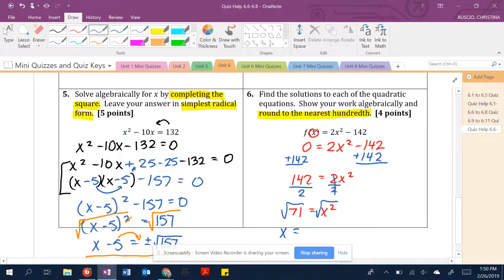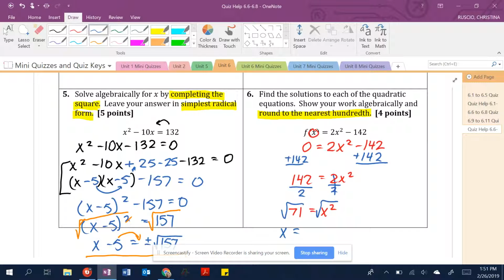So the square root of 71, I would do this on my calculator, which I'm doing off to the side. I want to take the square root of this little guy. Oh, my calculator's being crabby right now. Okay. I just did the square root of 72. That's not going to help me.